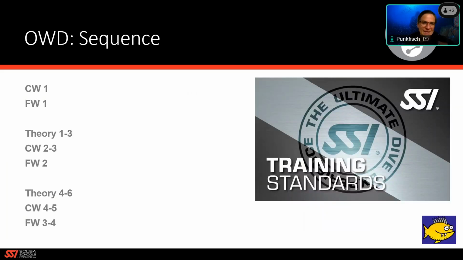So the sequence is basically, for the open water diver, we have the basic diver, which is confined water 1 and open water 1. You can do these 2 dives, the first confined session and the first open water session, before people even start to read anything.